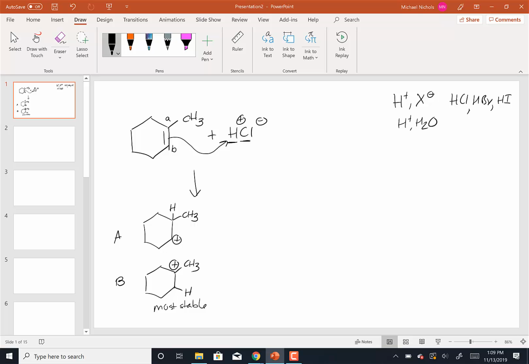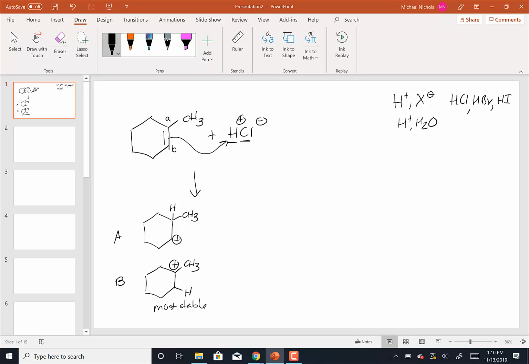Okay. Now, each reaction is going to have its own rules. But whenever you add an electrophile to the double bond and follow that up with a nucleophile, you'll always form the major product from the most stable carbocation. Okay.